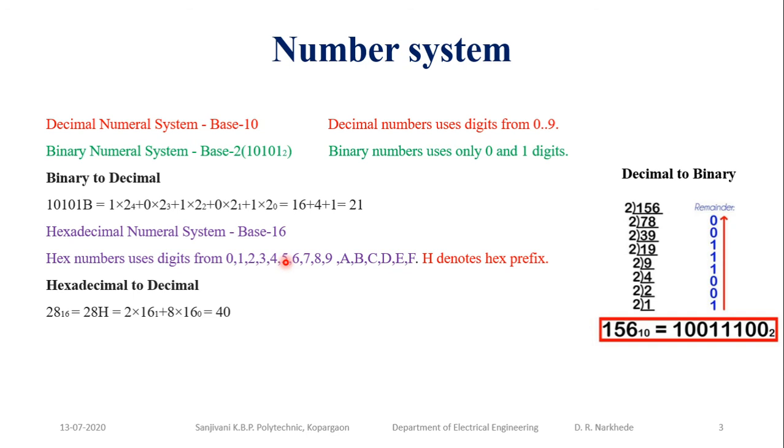Now in day-to-day communication, we use the English language or the Marathi language. The English language has 26 alphabets, A to Z: A, B, C, D, E, F, G, H up to Z. With the combination of these alphabets we form letters, then words, and with the combination of words we form sentences, and those sentences have certain meaning.